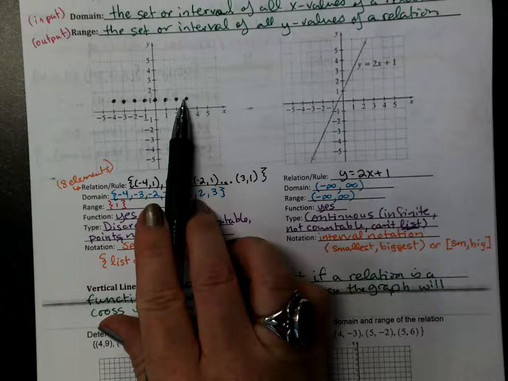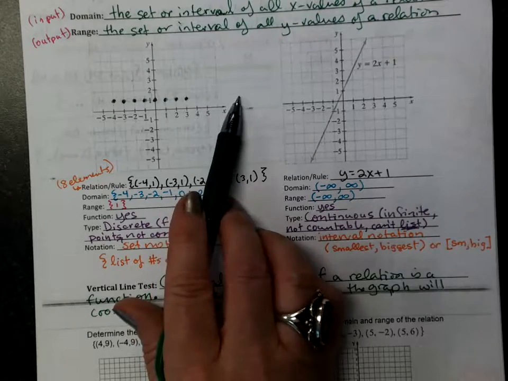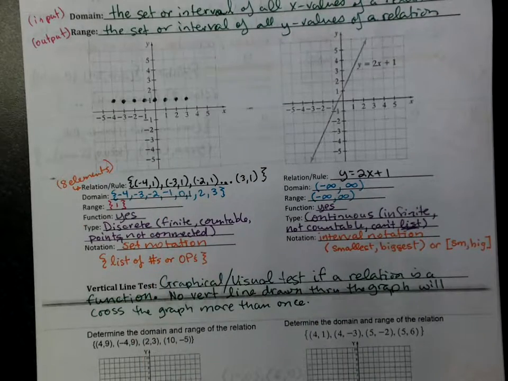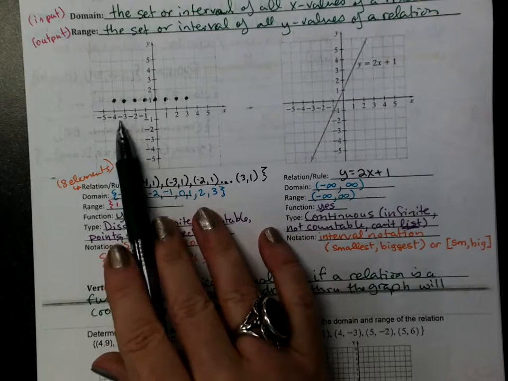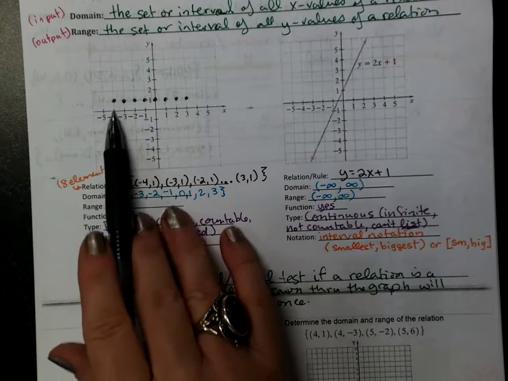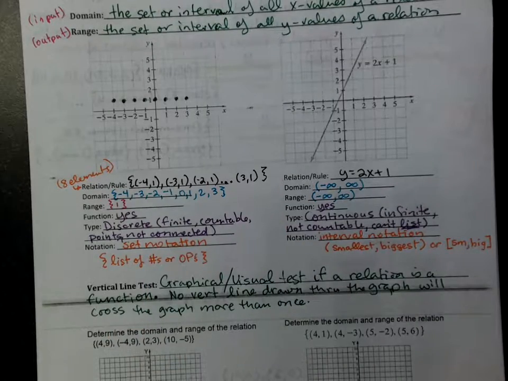How would we write the domain? Would it be how I said, like, -4 to 3? If you just drew it from point to point without arrows coming out, so it stopped at those end points, but it's a line like this, then it would include not just point, point, point, point, point, but it would go from -4 to 3. It would include every single one. So how would we write that?